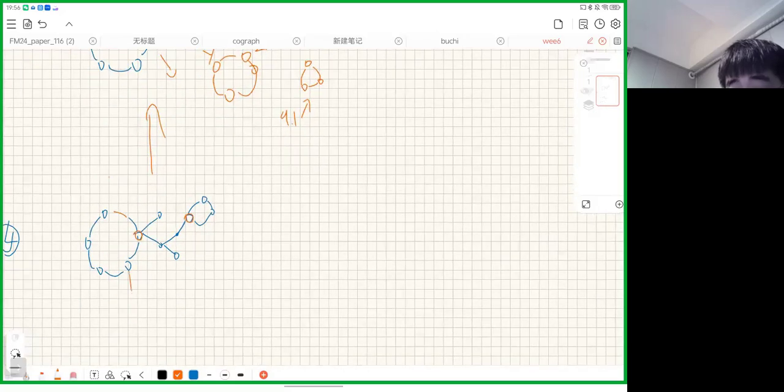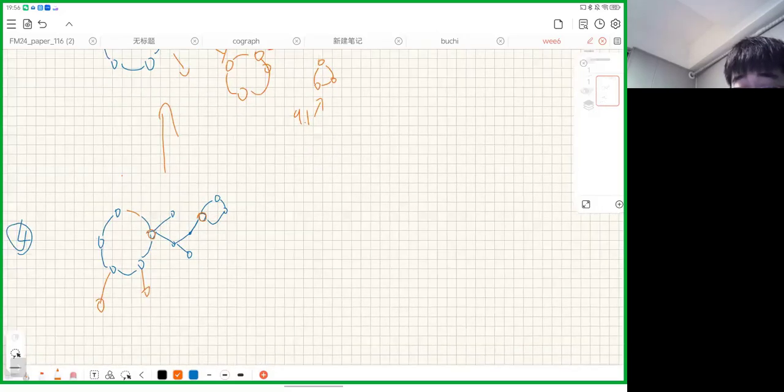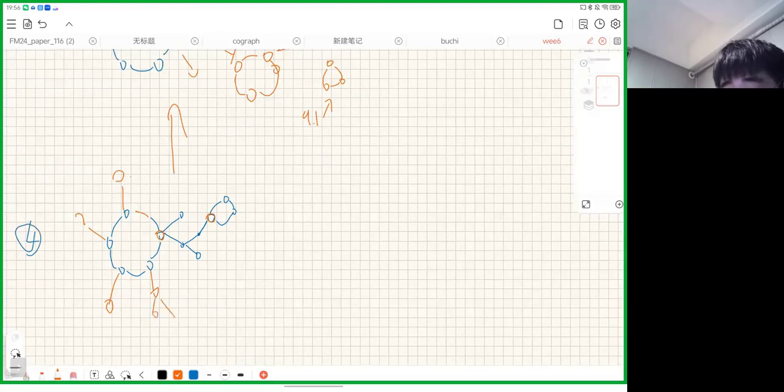So basically, everything connected to another circle can be considered as a tree rooted at the circle vertex. So if it exists something like this, there's no other circles.